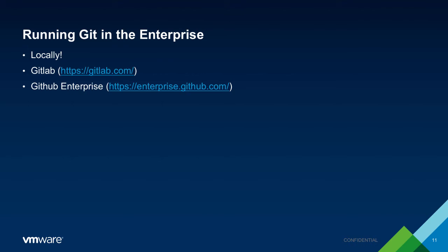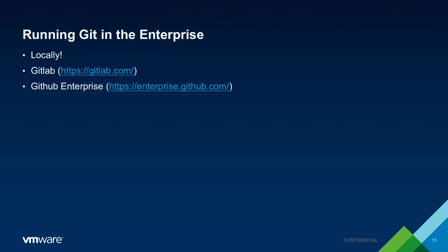And what you want to do for running Git in the enterprise is, first of all, start using it locally. You don't need to set up an external server or system in order to get started right away. You can store that stuff locally. All those changes are tracked inside some files, and you can store that on Dropbox or a network drive. But there's some serious power in a centralized system like GitLab.